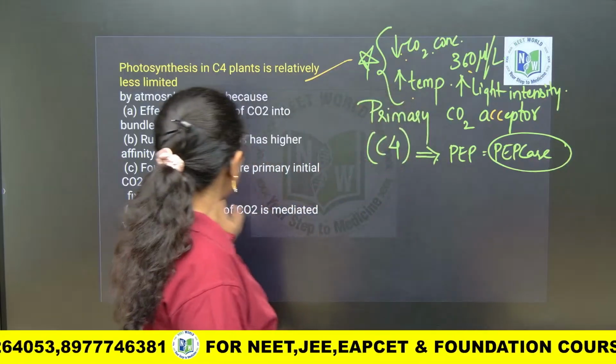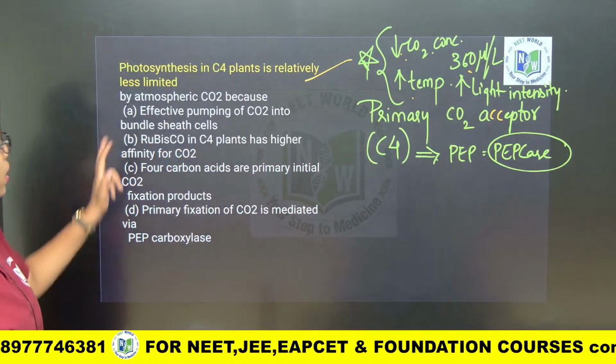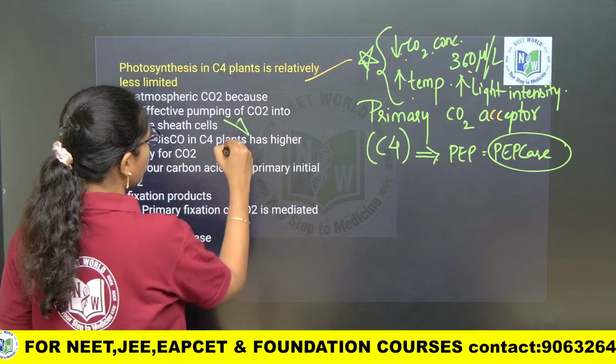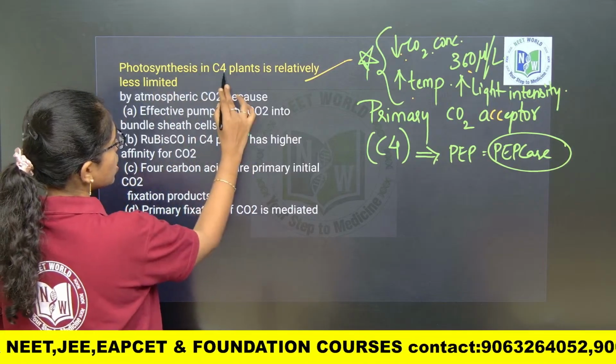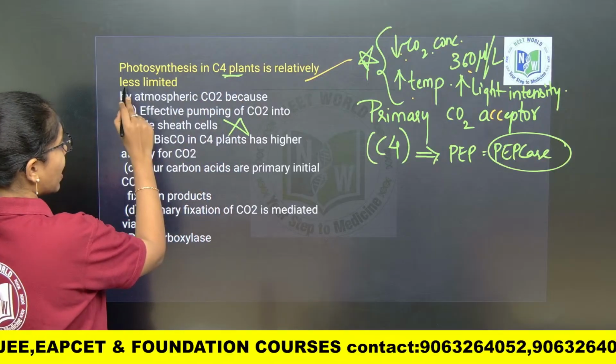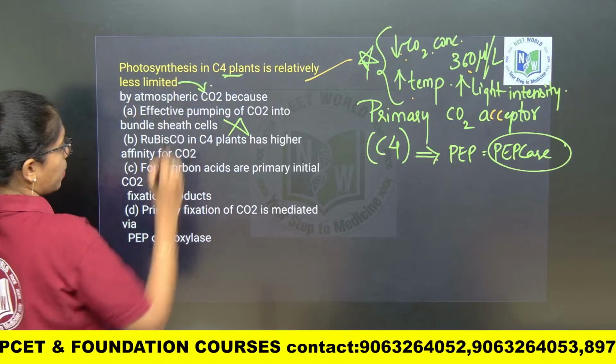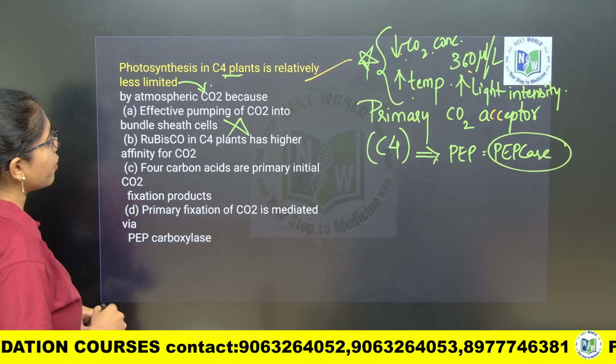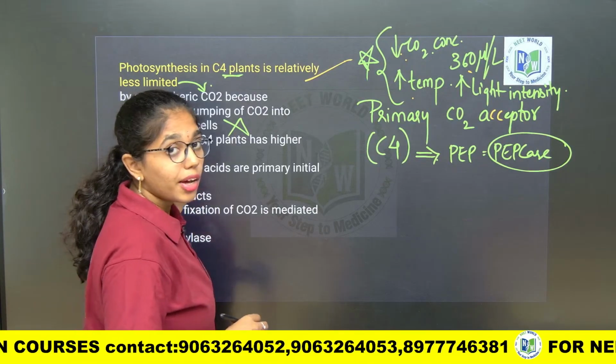Here you look into the options carefully. Effective pumping of carbon dioxide into the bundle sheath cells is not the reason. Rubisco in C4 plants has higher affinity for carbon dioxide, because Rubisco is where?